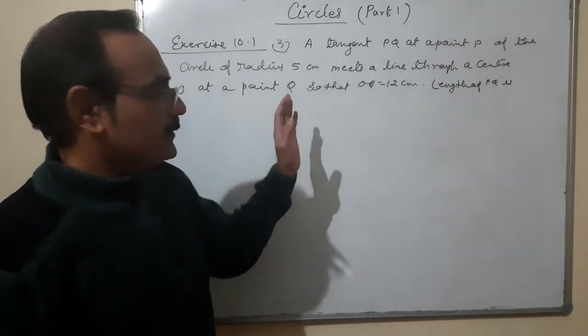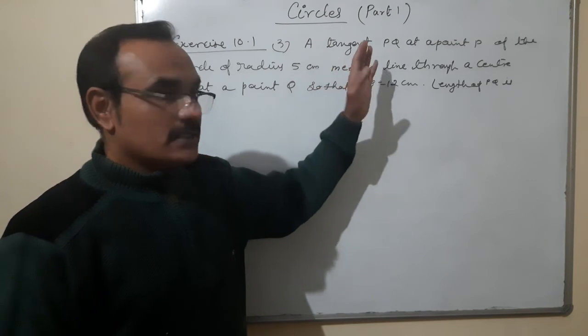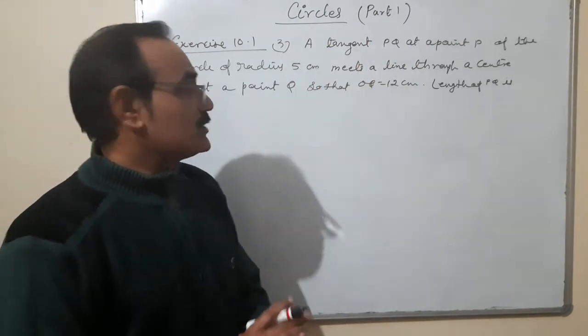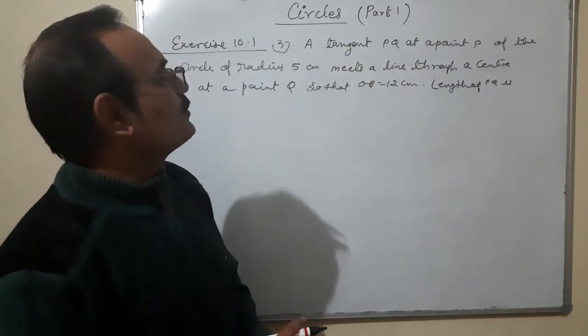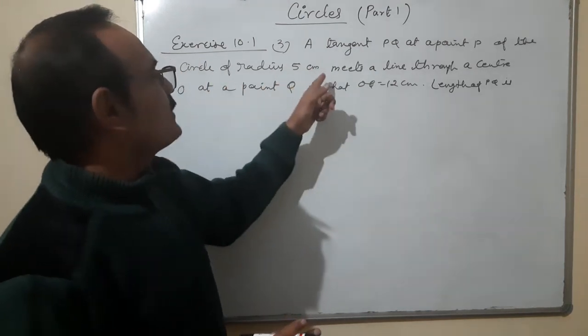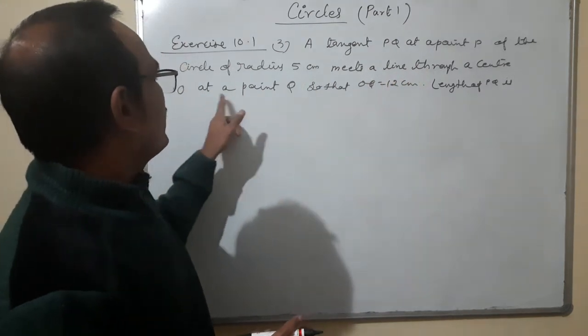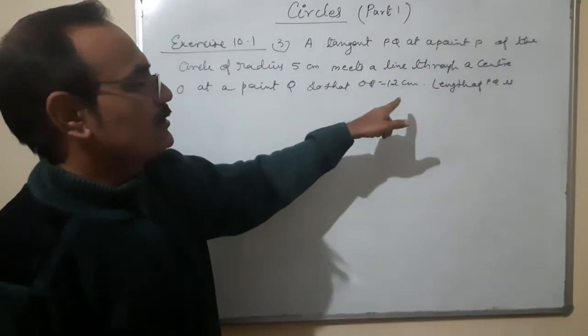I have written this question so that you can understand how to make a diagram with the help of these wordings. A tangent PQ at a point P of the circle of radius 5 centimeter meets a line through a center O at a point Q, so that OQ is equal to 12.